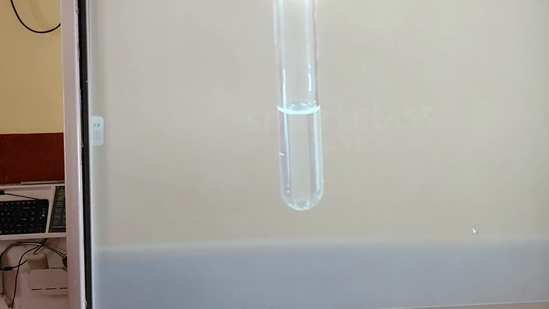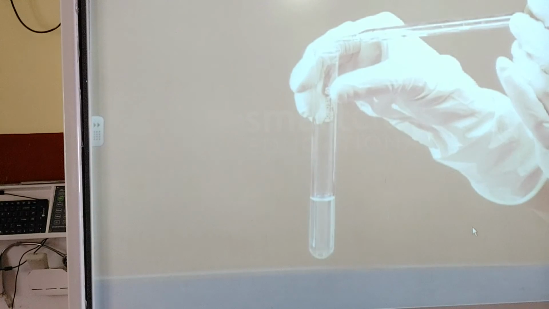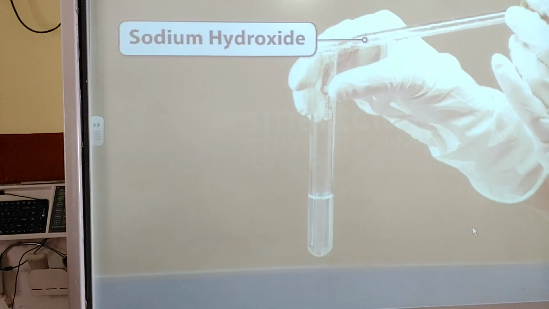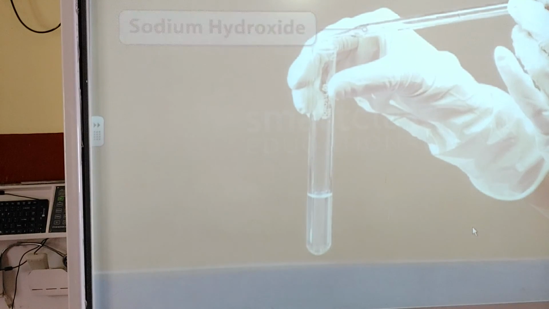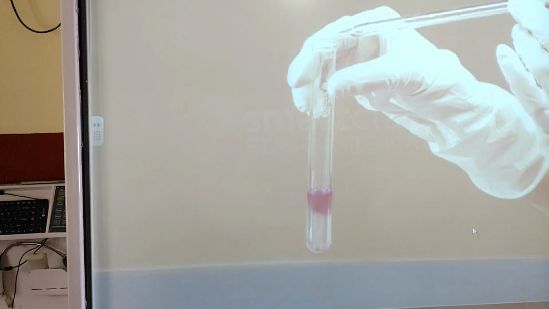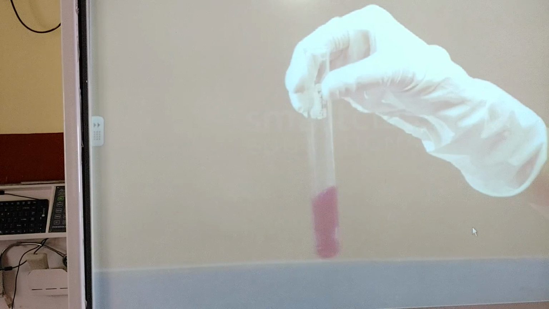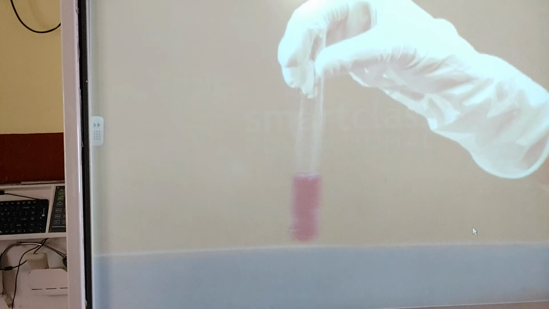You will be surprised to notice that the solution again turns colorless. If you add 1 drop of sodium hydroxide to the solution, the pink color reappears. The moment the pink color reappears, the solution becomes basic.